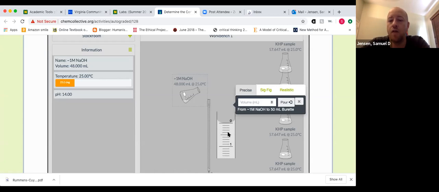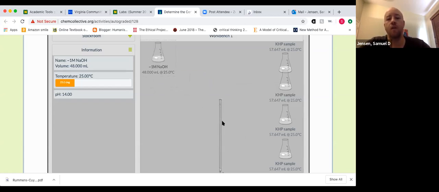Remember, we can always estimate 1 decimal place more than the graduation, so you should be able to get 2 decimal places off of a burette reading. This is how you should use sig figs for this lab, regardless of whether we're doing it by simulator or not. Your sig figs should be 2 decimal places for the burette readings.